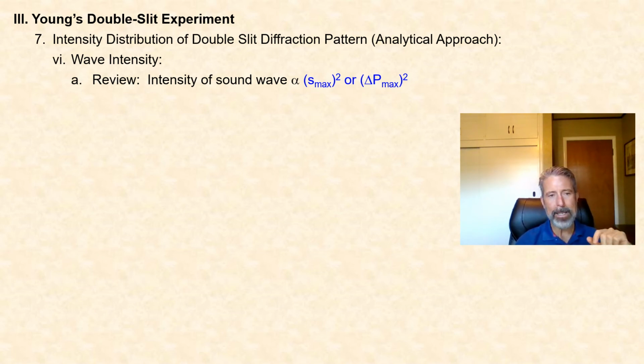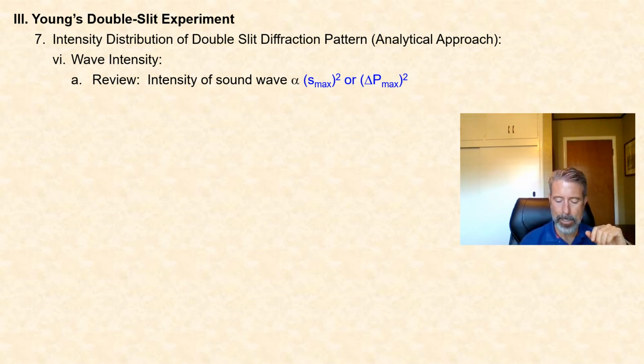So recall back when we were talking about sound, eons ago, where we came up with a model for the intensity of a sound wave, and we really had two models. We could express sound wave intensity in terms of a displacement wave or a pressure wave, and we showed that the intensity was directly proportional to the square of either the displacement amplitude, S max, or the pressure amplitude, delta P max.